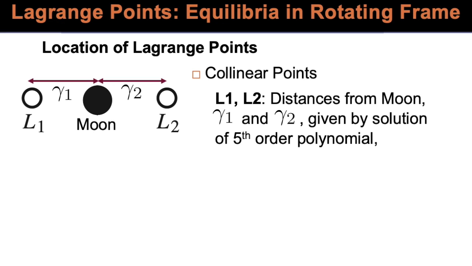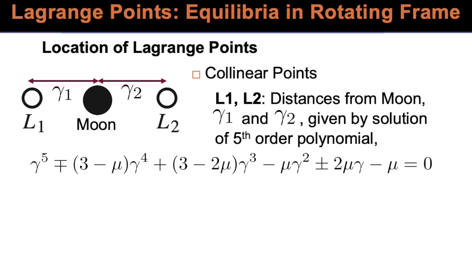And if you look at the distance from the Moon to each point, so gamma 1 for L1 and gamma 2 for L2, these distances are given by a solution to a fifth-order polynomial, where the upper curve is for L1, the lower curve is for L2. And this is all in non-dimensional distance units.